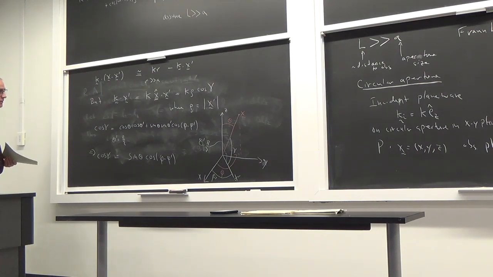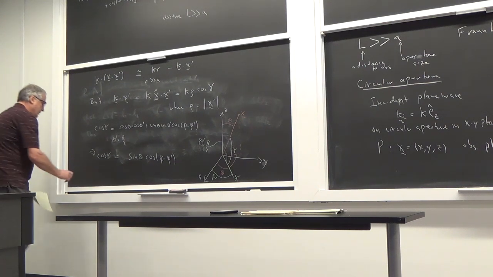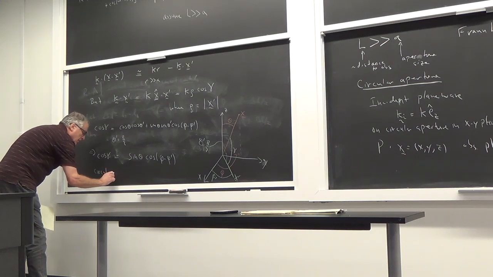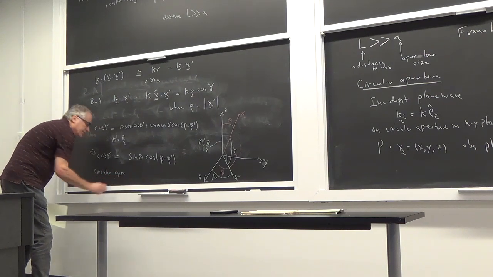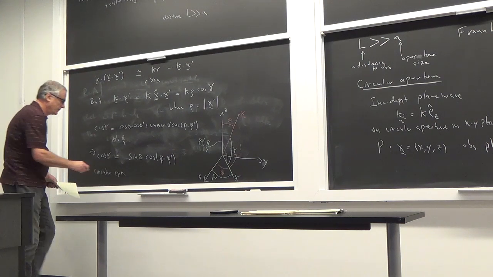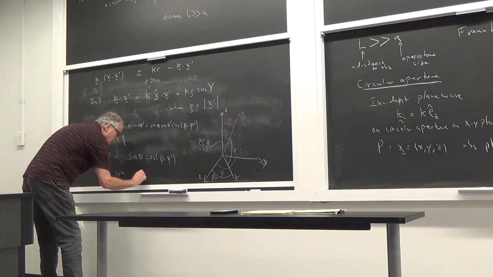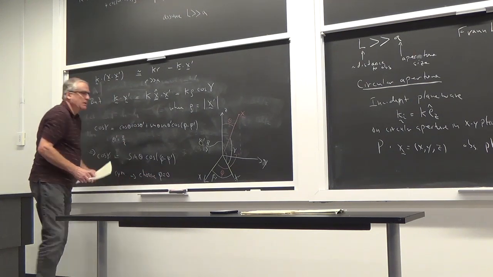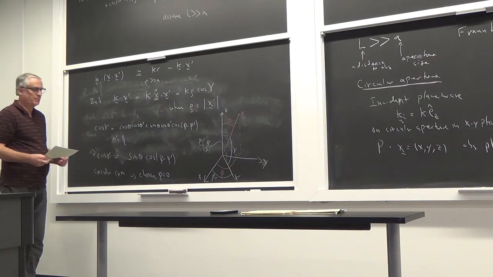But we have circular symmetry here, so let's make our lives easy. Since we have circular symmetry, we can choose our origin in phi to be any direction we want. So let's choose our origin in phi to be such that phi is equal to 0, just to simplify our lives.